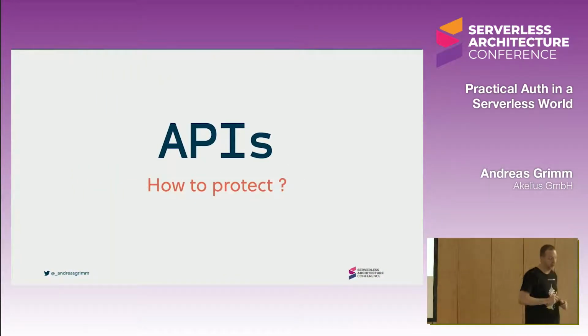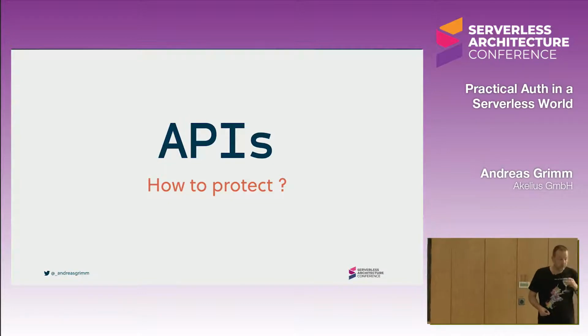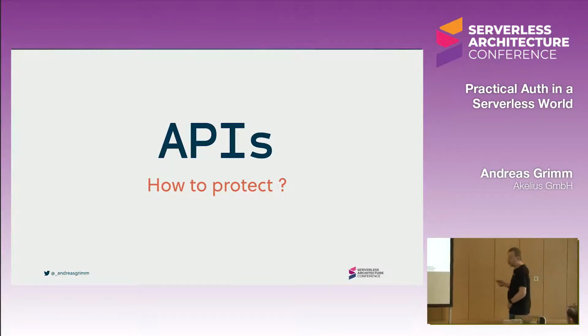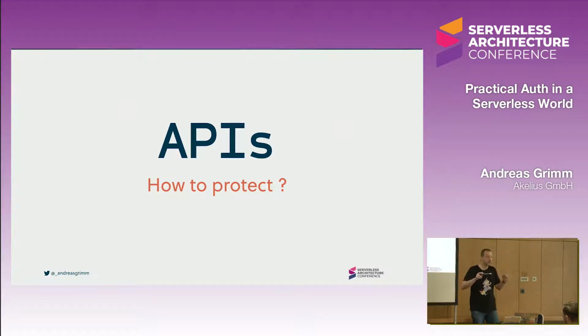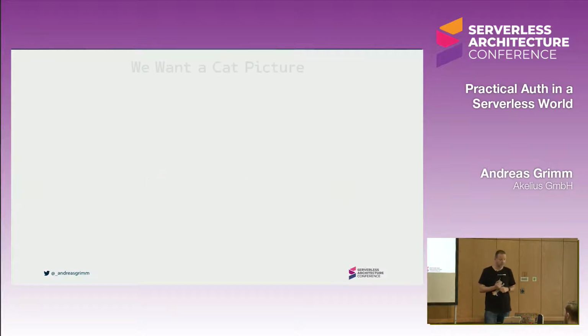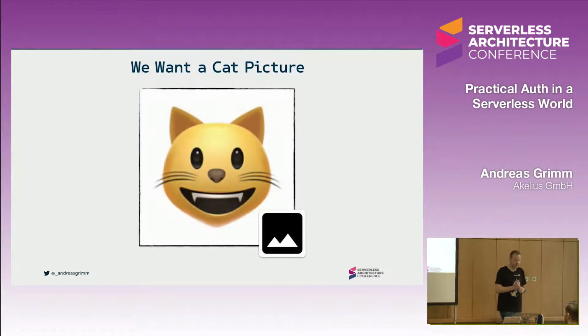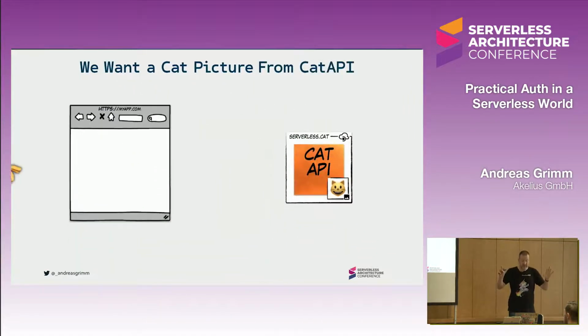Okay, now to the first scenario, which is how do we protect APIs? And specifically, a serverless API, so an API that runs in a function as a service. So just a simple scenario.